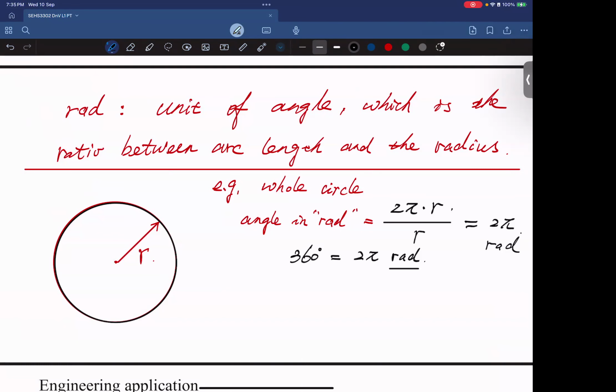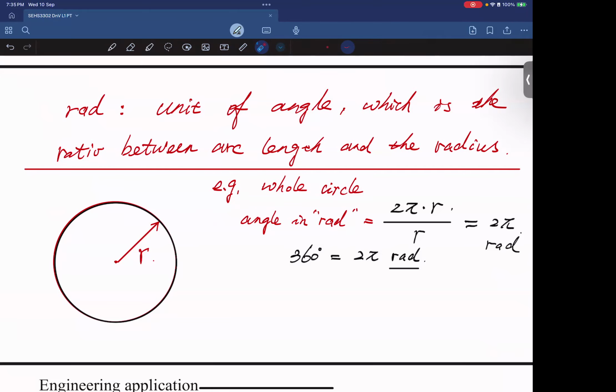RAD actually means nothing, because this is a length, and this is also a length, a length divided by a length. Actually, this 2 pi is unitless, because the unit, in meters or something, is eliminated here. So why do we put a RAD here? This can help us to avoid misunderstanding. We just say this ratio means an angle.